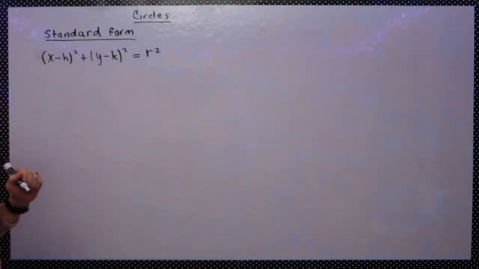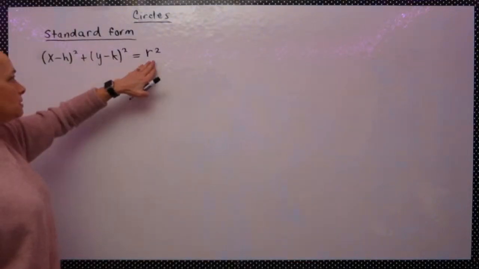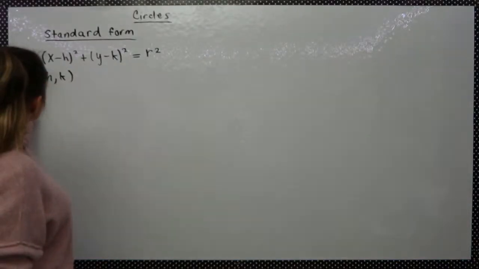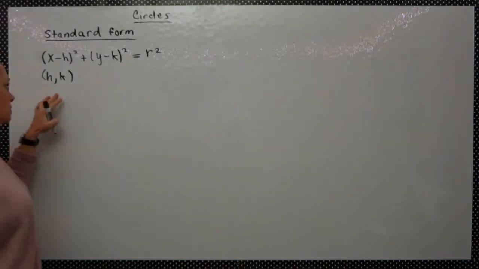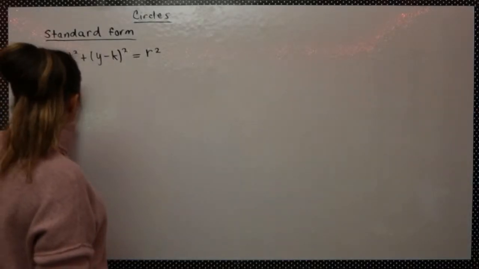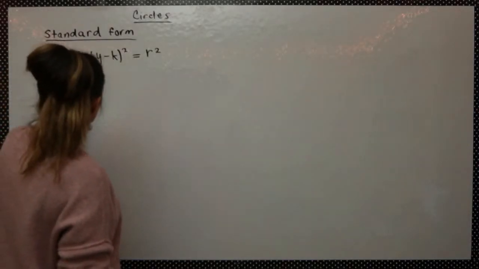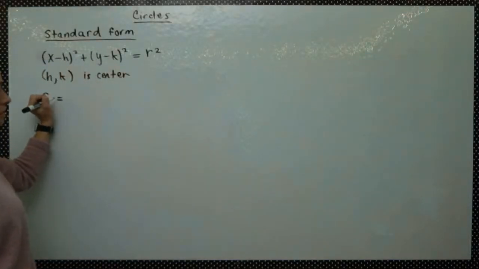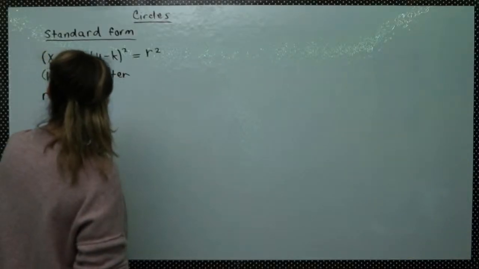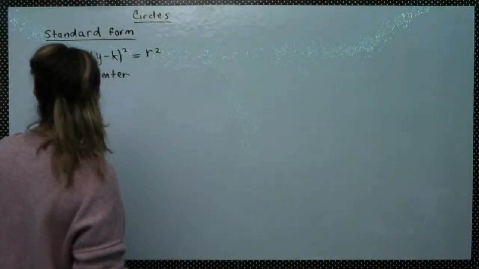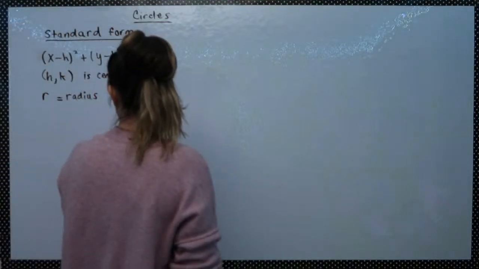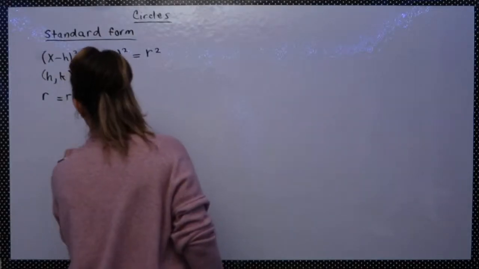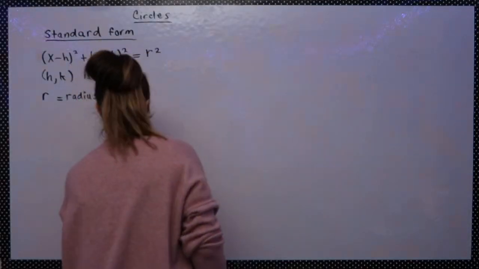And what these variables mean: h comma k is an ordered pair on the coordinate system, and it's the center of the circle. And r is the radius. So if you want to graph the circle on the Cartesian coordinate plane, you need to know the center and the radius.